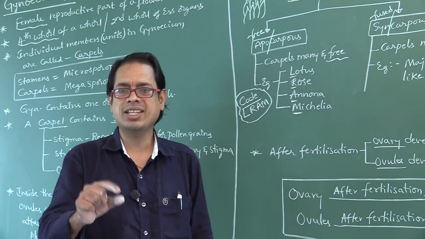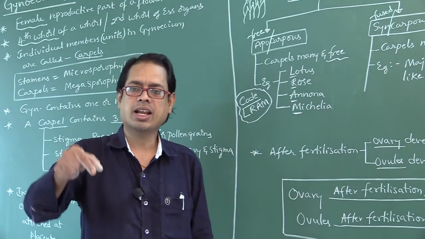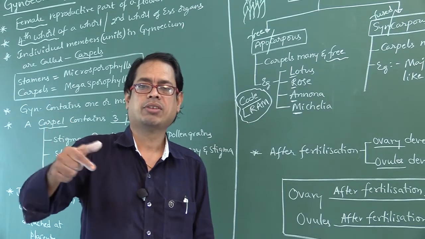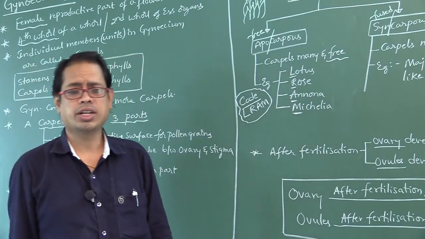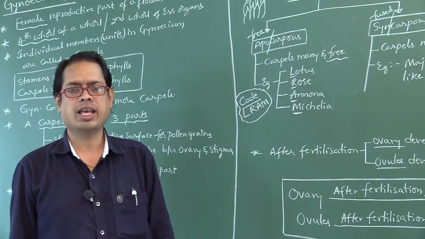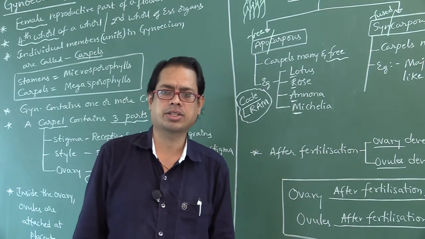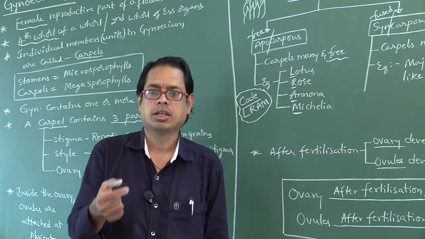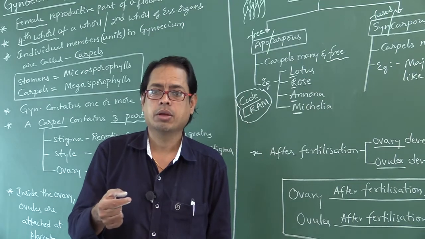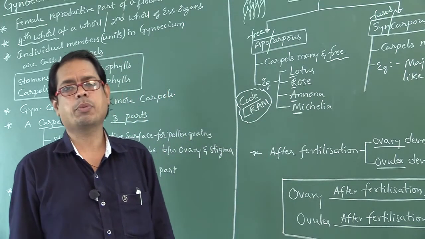Ovules are borne on the central axis without septa, with degeneration of septa. Example, dianthus, primrose. Next, basal placentation: the ovule is present at the base of the ovary.